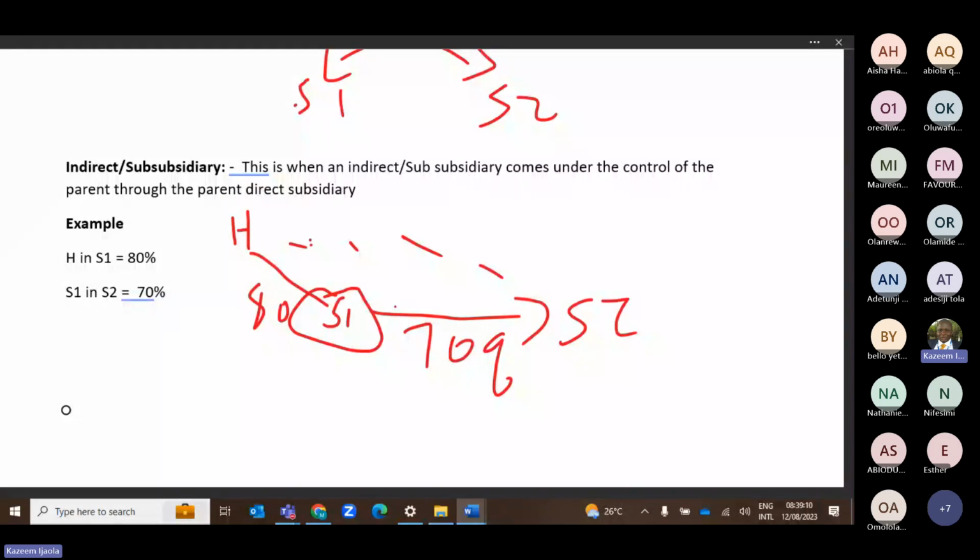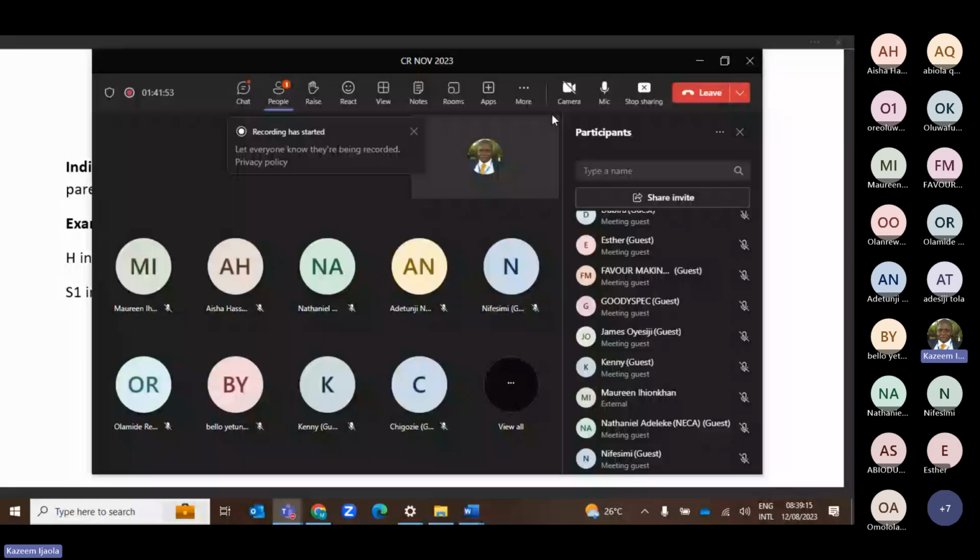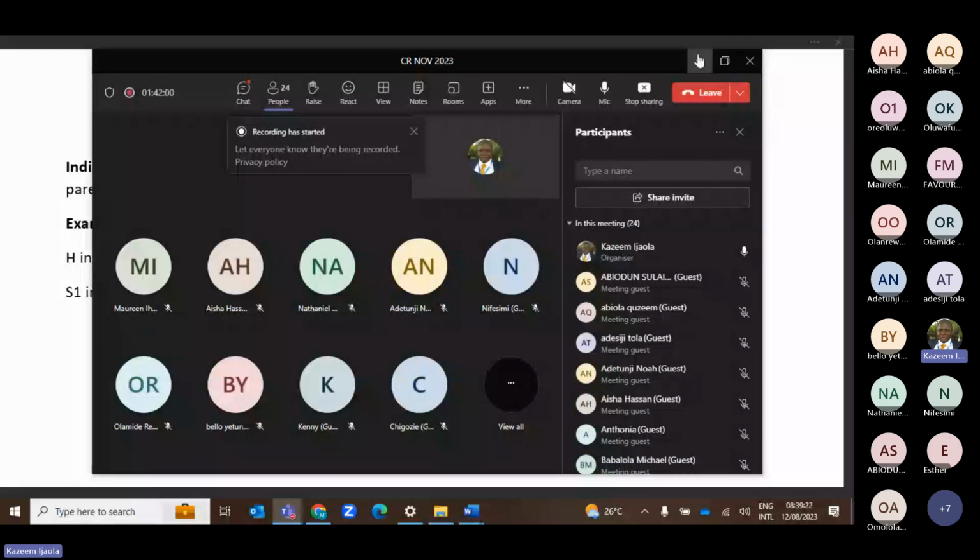In this case, what X1 owns in S2 is 70%. So H will be entitled to 80% of what X1 owns in S2, which is 80 by 70. That gives us 56.